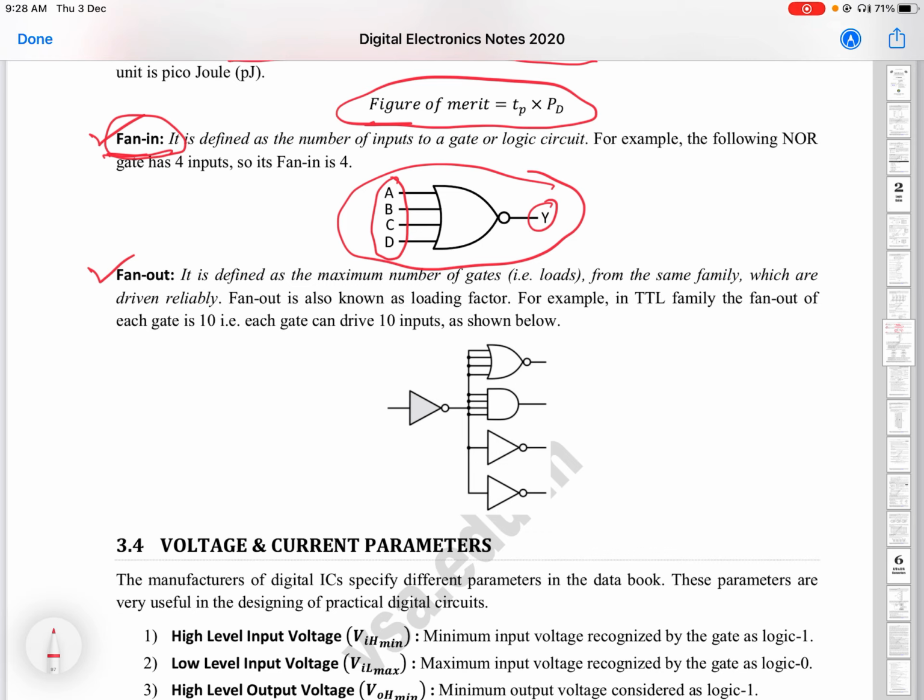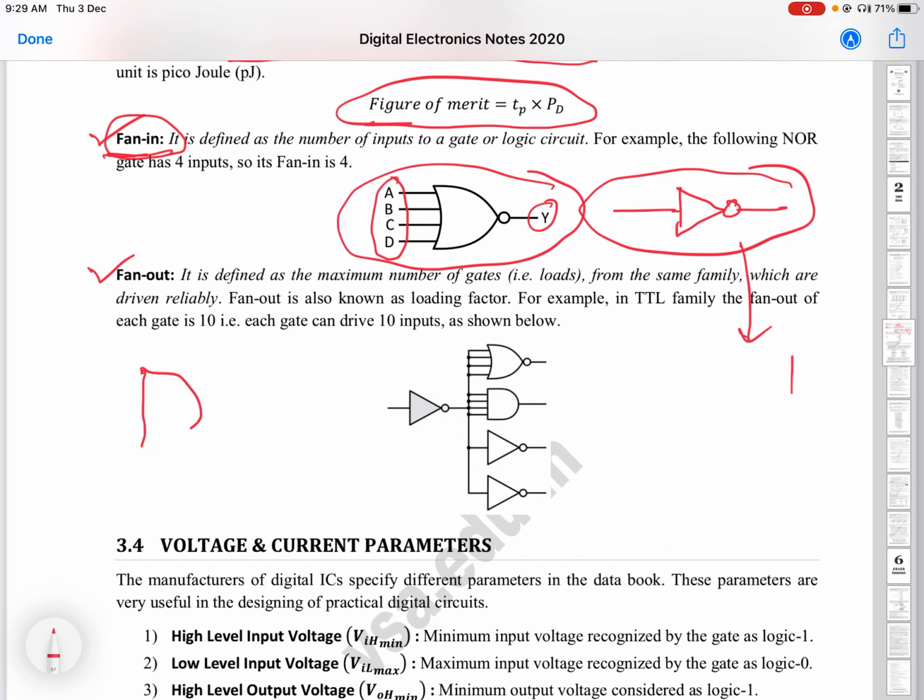Suppose I draw one NOT gate like this, then this NOT gate has only one input. As we know, a NOT gate always has one input. So the fan in of a NOT gate will always be 1. Suppose I draw one AND gate here and it has two inputs, minimum two inputs.